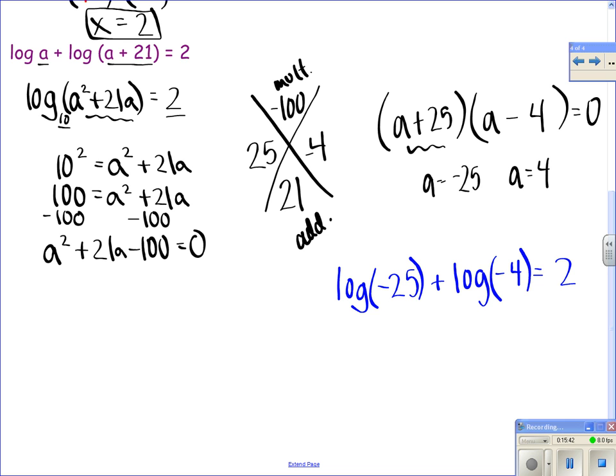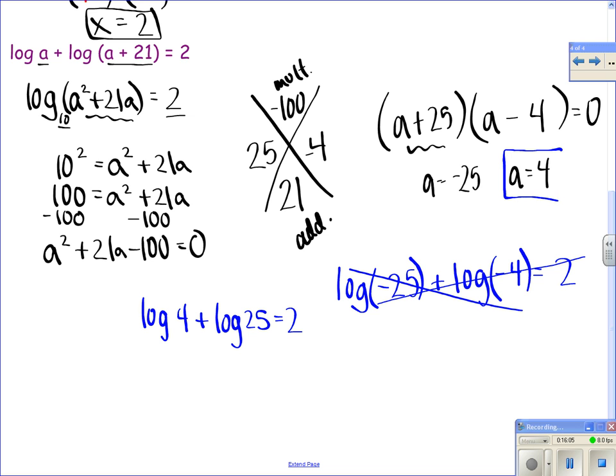Okay, we also have to check the other one, which is log 4 plus log 25 has to equal 2. Okay, taking a log of a negative number is not possible, so we do have to throw this one out and just use a equals 4. So that's everything in 8-5.